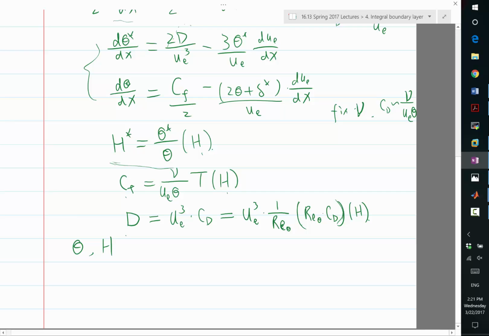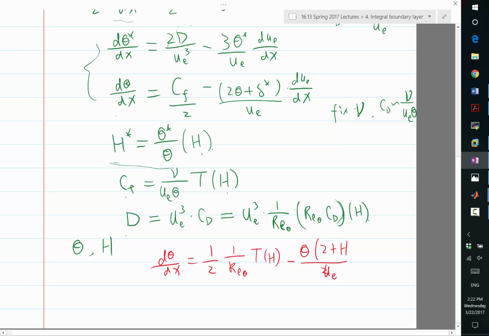So for example, the equation for theta is going to be very clear, right? Let me see. d theta dx is going to be half of CF, which is going to be 1 over RE theta times TH, so this whole thing is CF, minus theta over UE times 2 plus H, right?